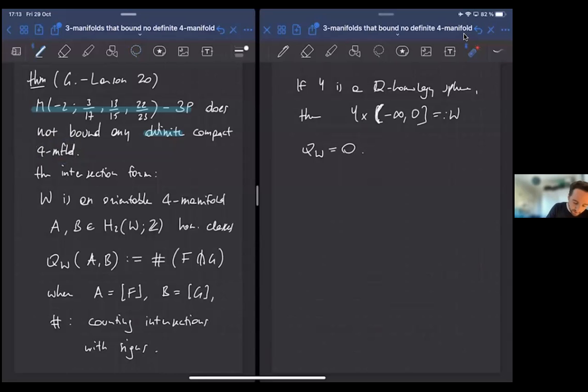And well, spoiler alert, in order for this to apply to the theorem, this is actually a rational homology sphere. So indeed, this particular three manifold does bound a definite four manifold, which is just a product. We add compactness, well, then we have something to munch on.